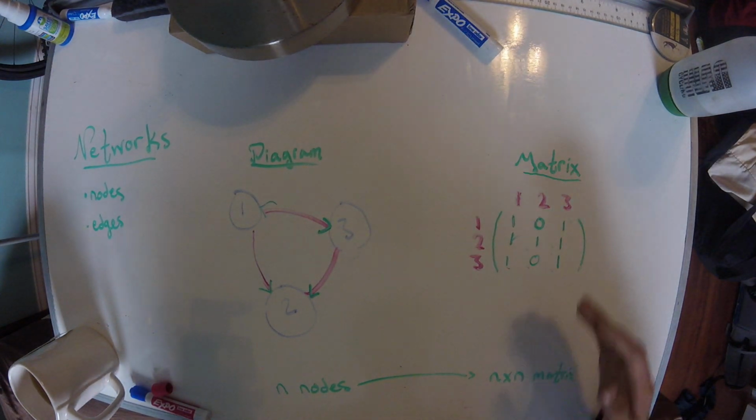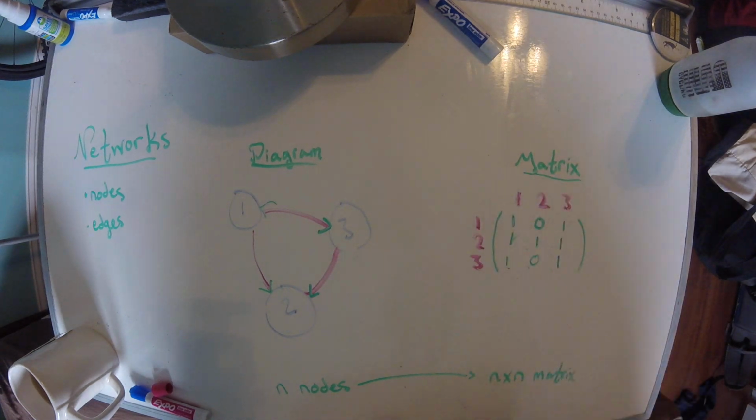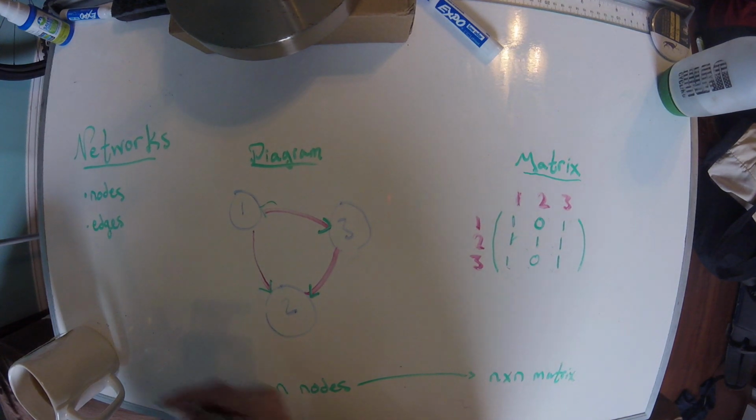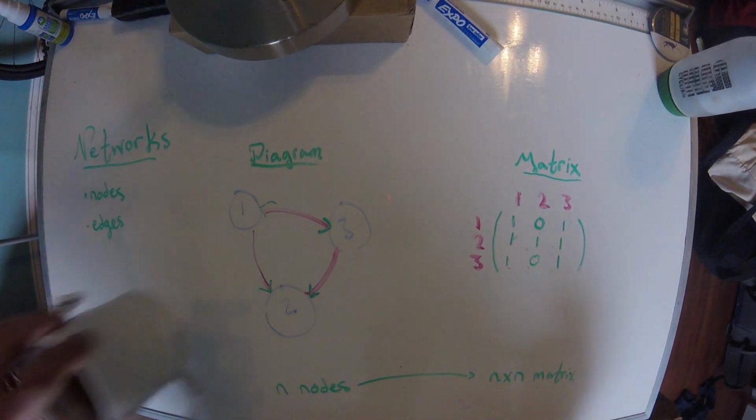And so here we have a slightly different pattern that we wouldn't have gotten in an undirected matrix. So I'm just going to put some more notes on the side here about this.